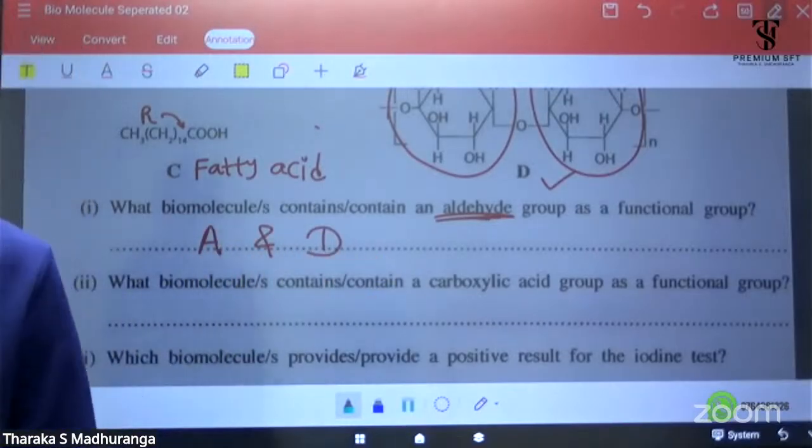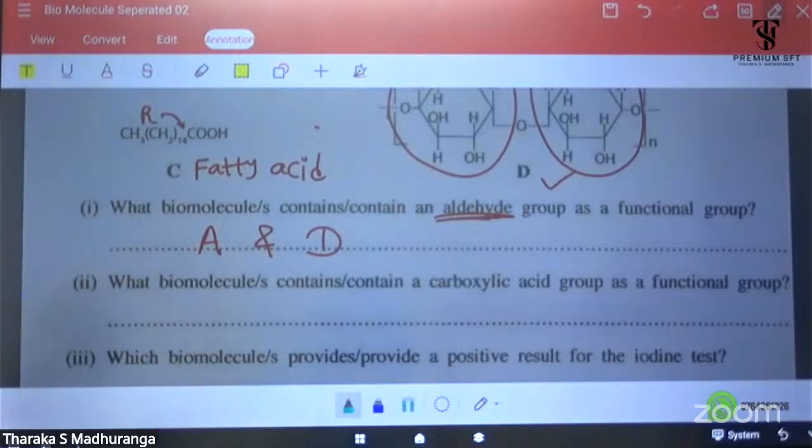Sorry, mistake. Who corrected this? Who got A and D? Raise hand. No one? Did Dehini get it correct?